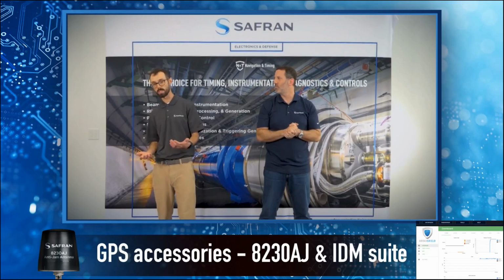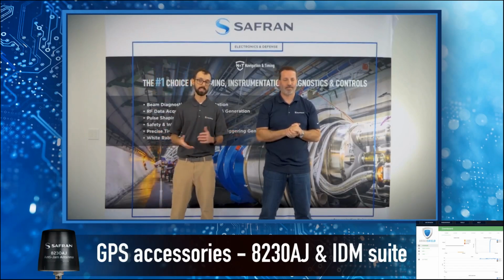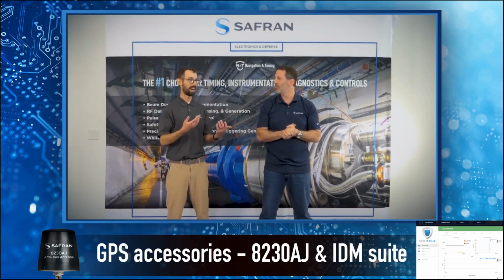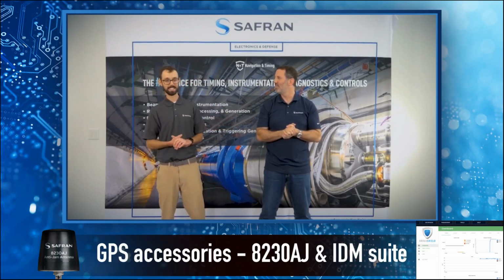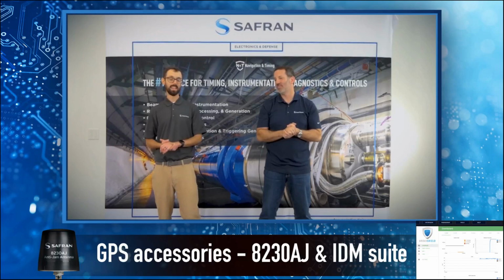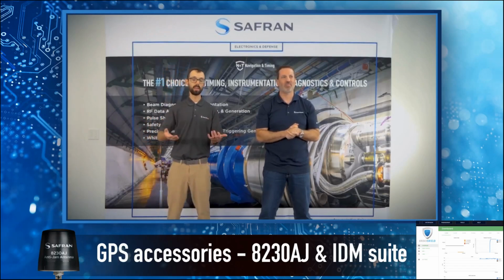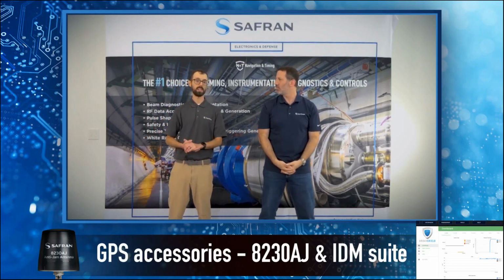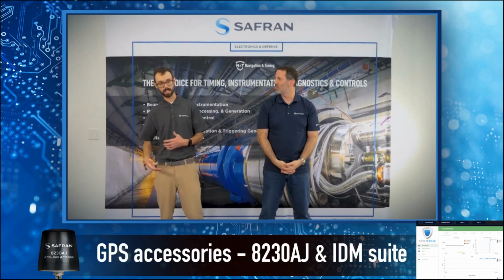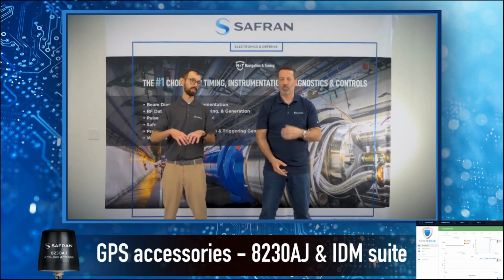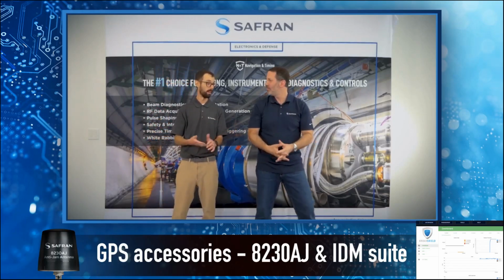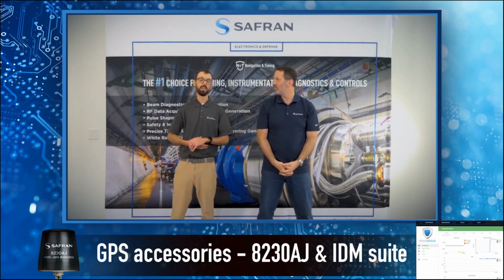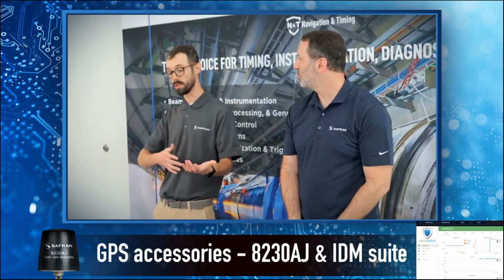We receive lots of questions from customers, especially in today's day and age, now that we've all realized just how vulnerable GPS is, that people are wondering how they can maintain, or how do they know if they have GPS interference? What do they do when it's detected? How can we protect the timing signal that we're sending out into their networks, to their end nodes, all those things. So we have two options.